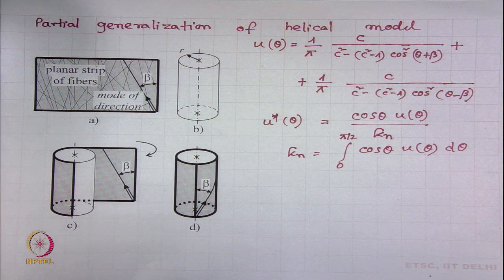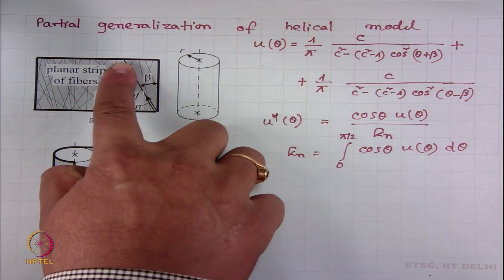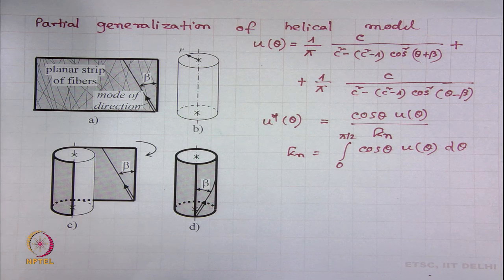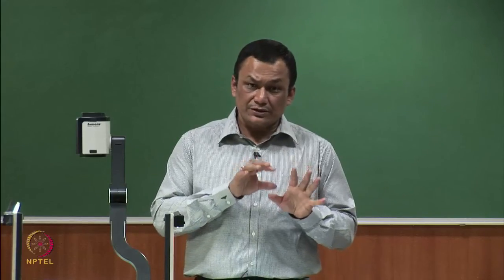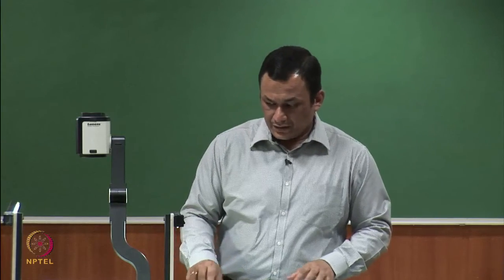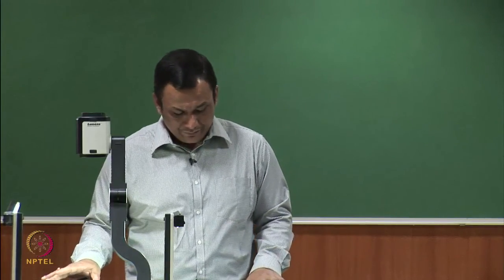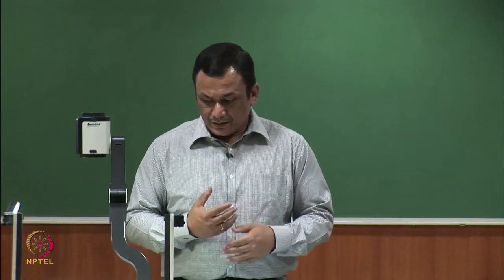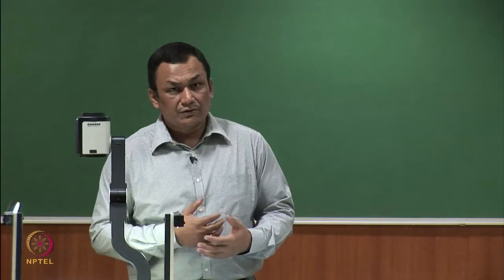However, there is a tendency that the mode of the fibers, the preferential direction, is not the y axis, but it is inclined at an angle beta from the y axis. Then we used what we learned in the theory of fiber orientation and we were discussing how the fiber orientation distribution can be considered.